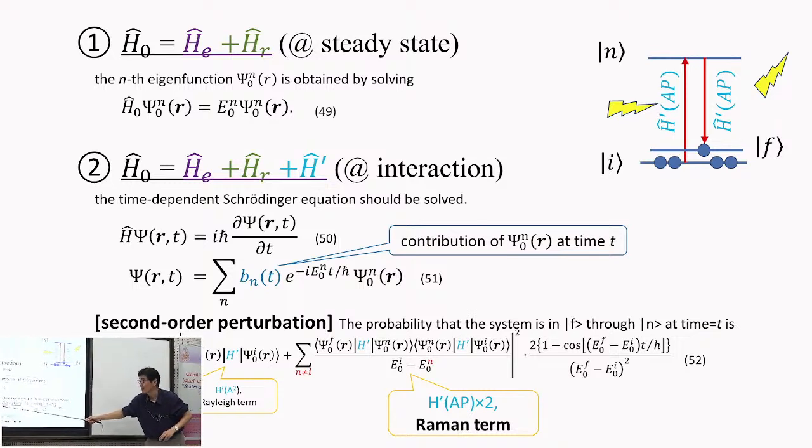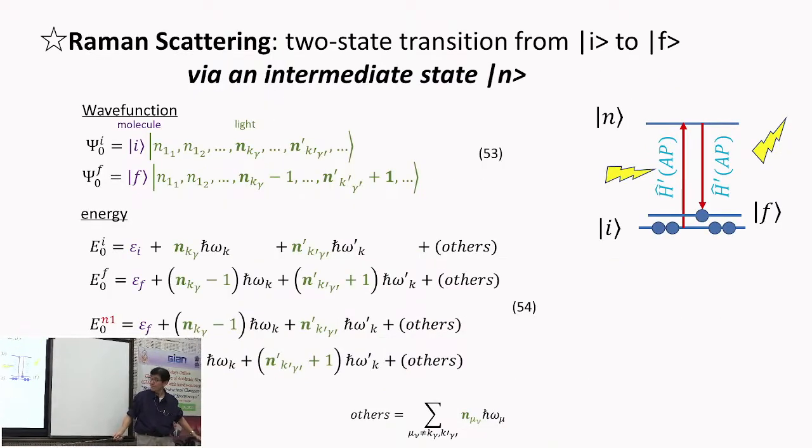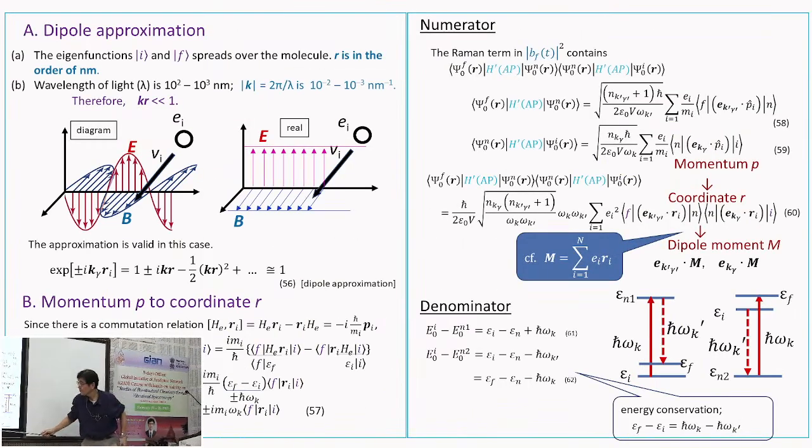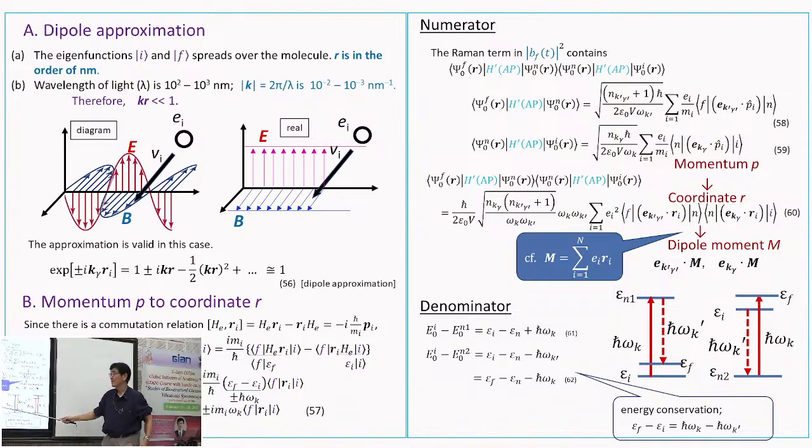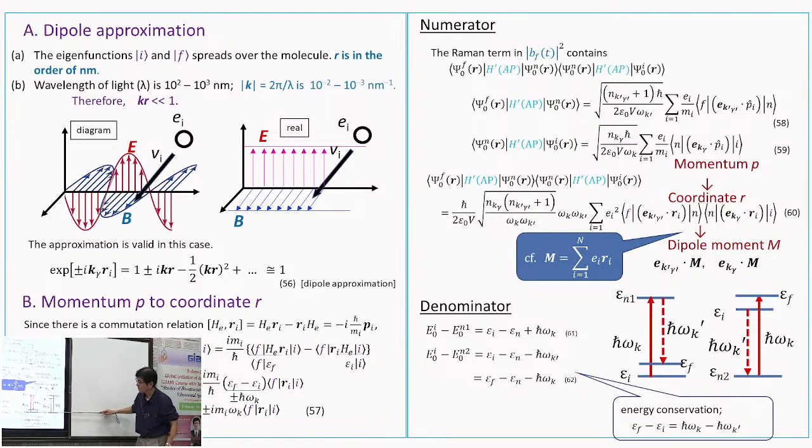In the first term, E_i minus E_n, and I explained there are two intermediate states, n1, n2. So E_i minus E_n1, E_i minus E_n2. Two possibilities should be considered.